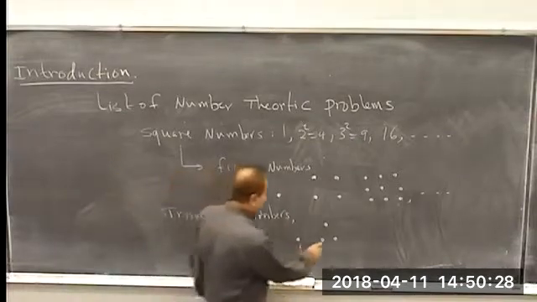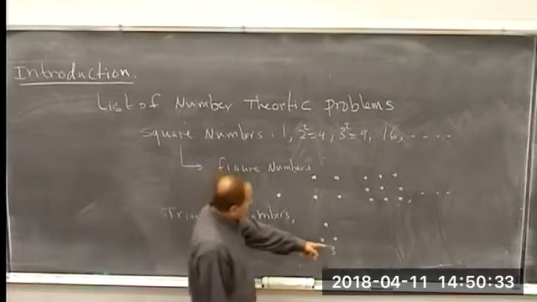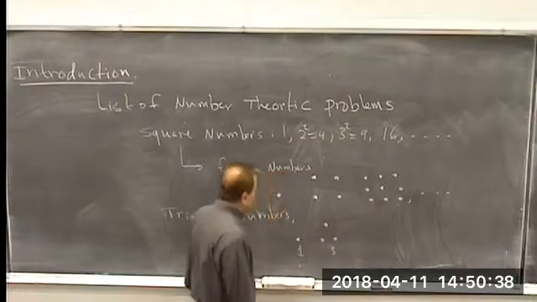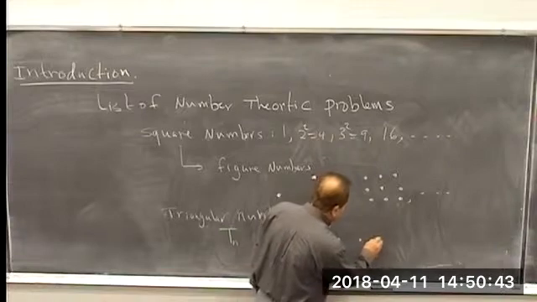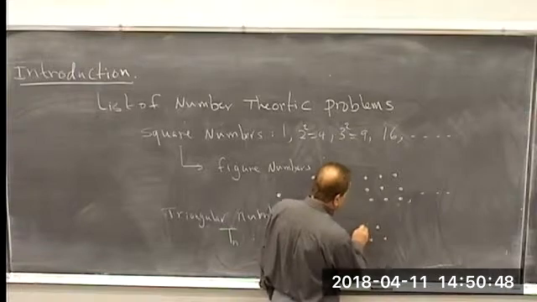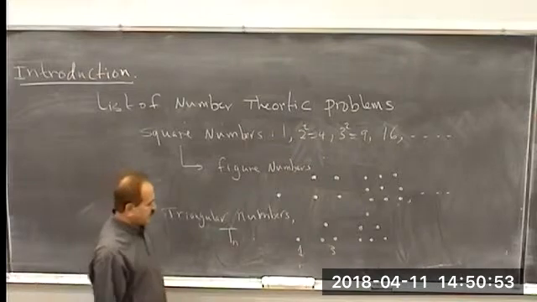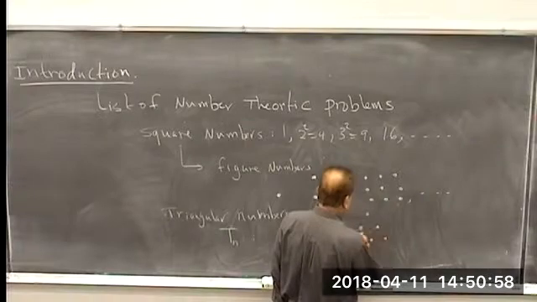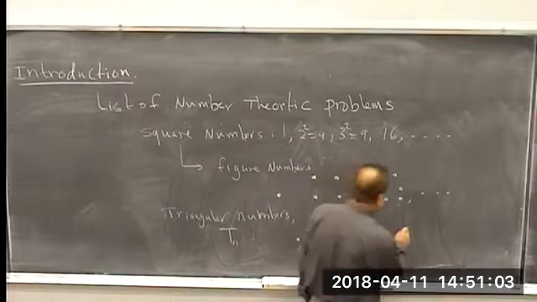We call this T2. So this is T1, this is T2, because we need the second one. And then the next one, we need a triangle, so we make the base consisting of 3, then the next level we need 2 points, and then 1. All these are equidistant from each other. So this number consists of 6. And so you could keep going.